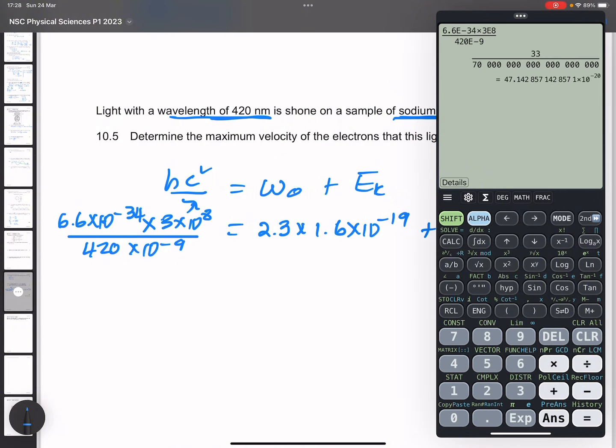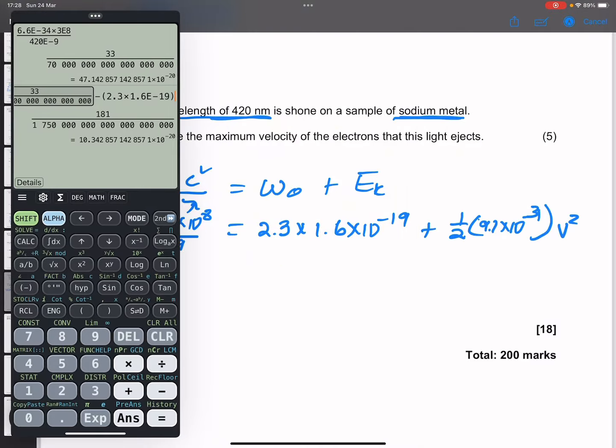So I've got that. I'm going to subtract from it that entire thing, 2.3 times 1.6 exponent minus 19, and I get that answer.